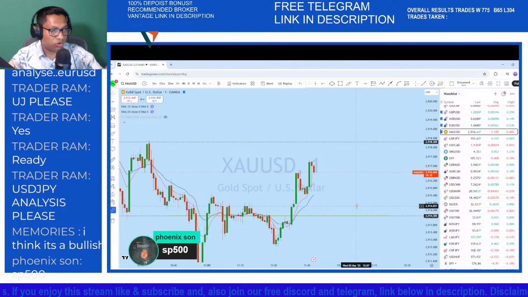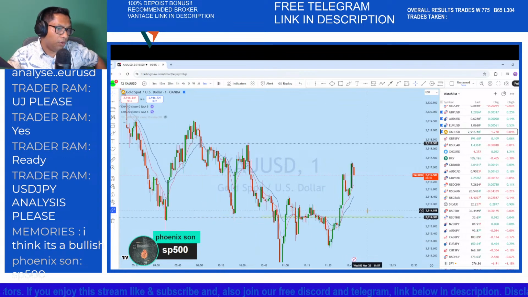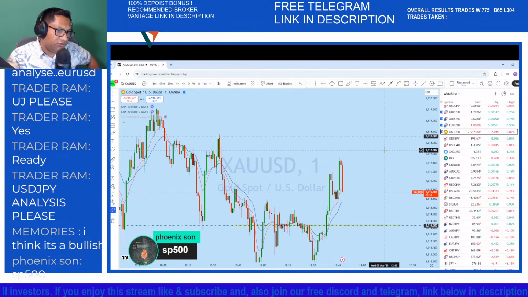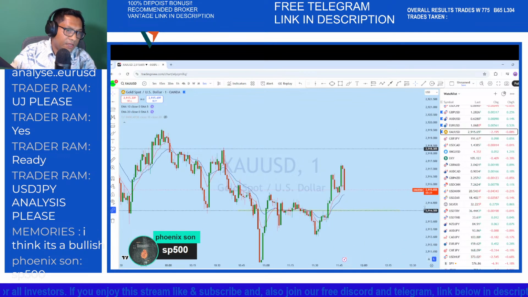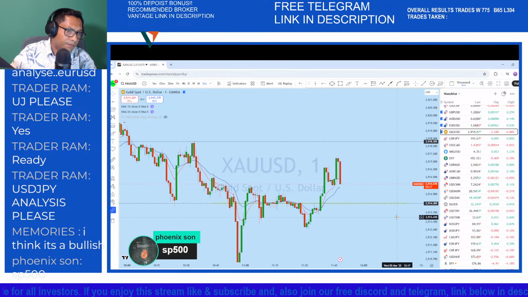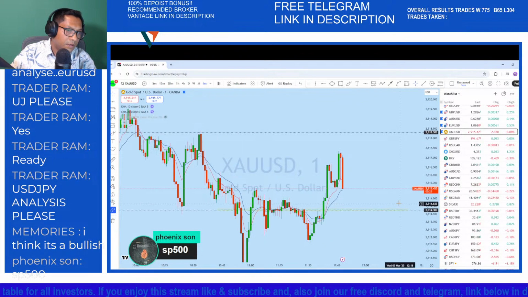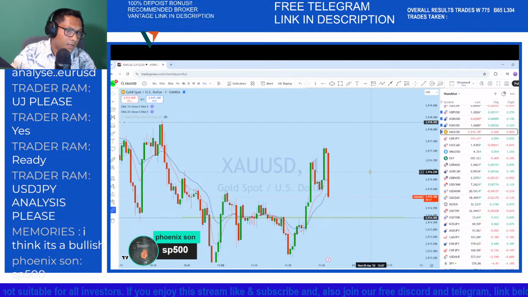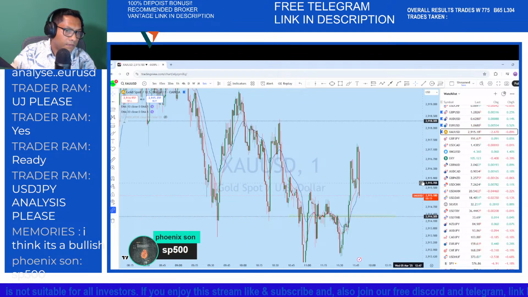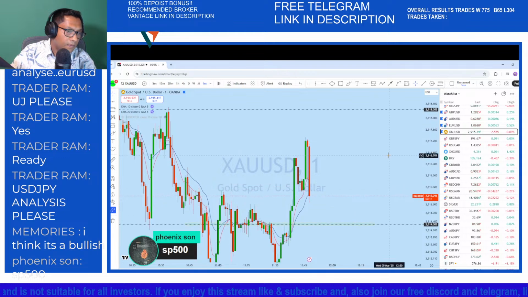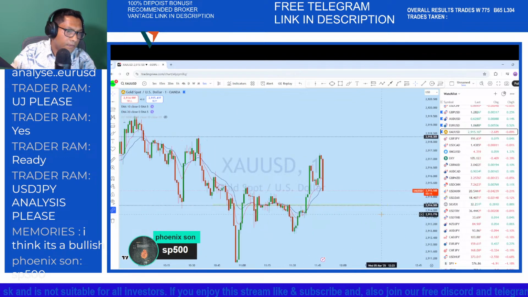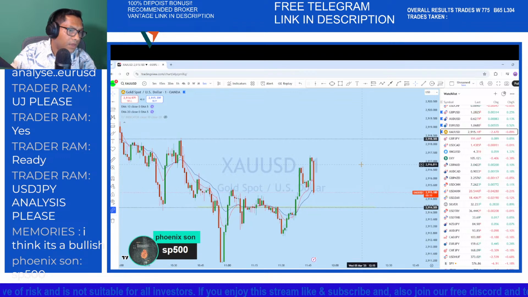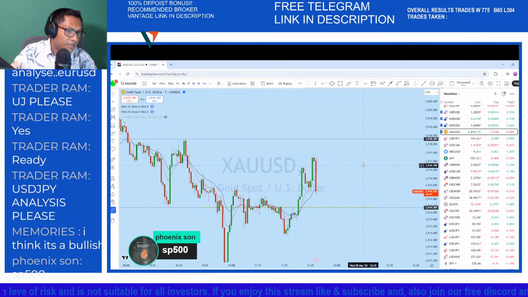Once we see the price has dropped well below that support, we will be looking for a potential entry. Now you can see it's coming back below the support here. Okay, so here we can see the market has broken below.